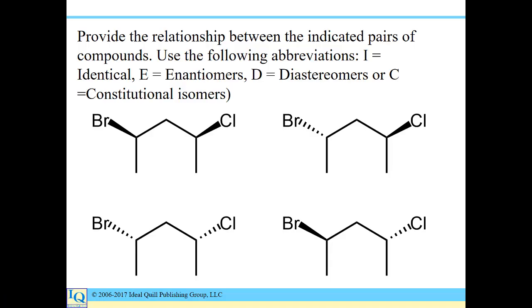The last type of problem in this problem set was one in which we were trying to identify the relationship between any two given molecules amongst this set. And the trick here is to know that enantiomers are mirror images of one another. If you take a stereocenter and you reflect it in the mirror, a left-handed molecule will become a right-handed molecule and vice versa.